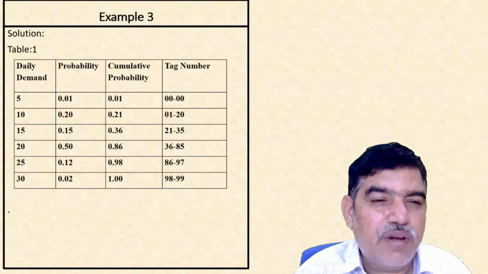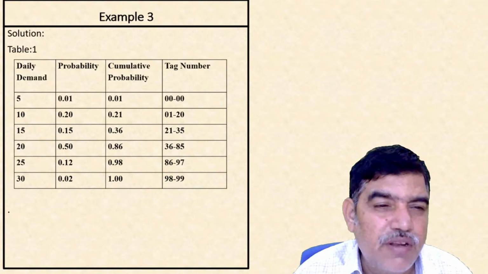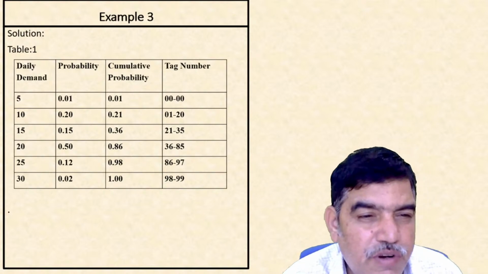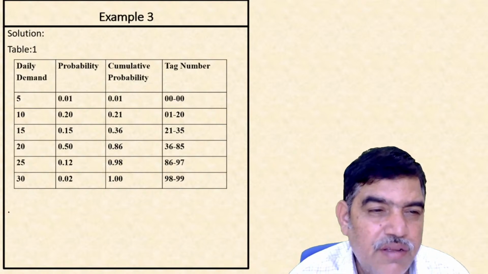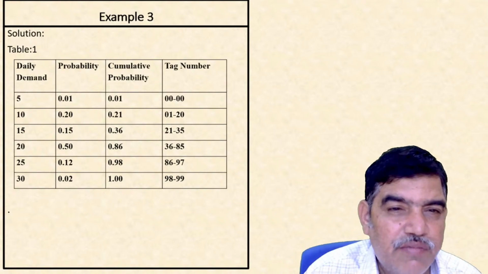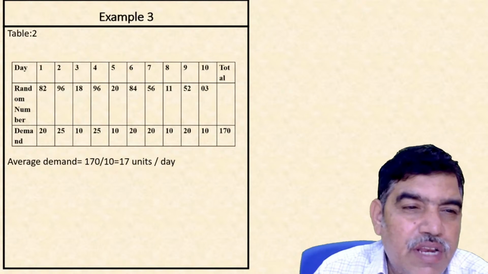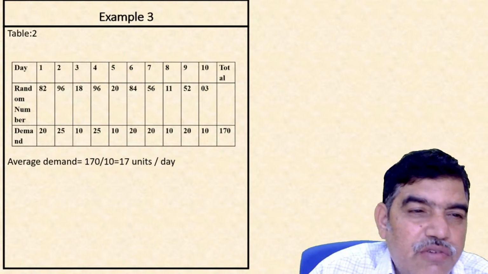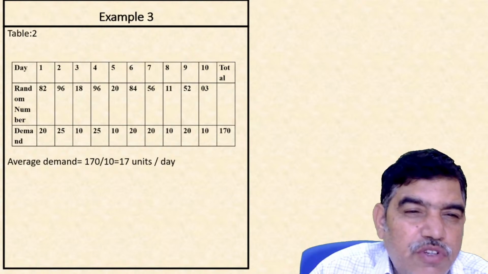That is 0.01. Then if you add 0.01 with 0.20, it becomes 0.21. Then 0.21 plus 0.15 becomes 0.36. In this way, we have to calculate the cumulative probability. And then as per the random numbers, the random numbers are 82, 96, 18, 96, 20, 84, 56, 11, 52, 03.